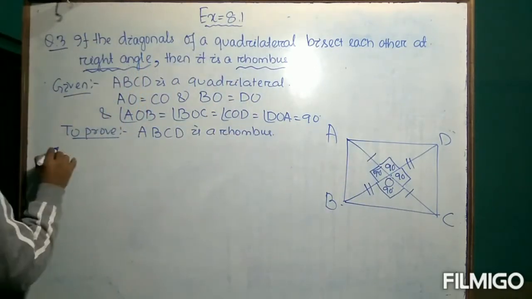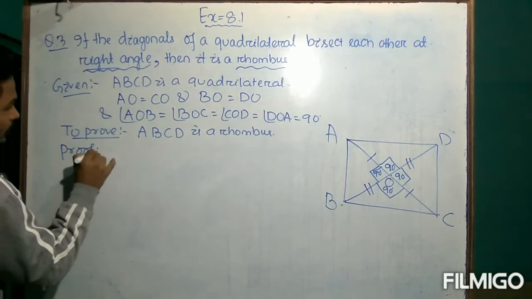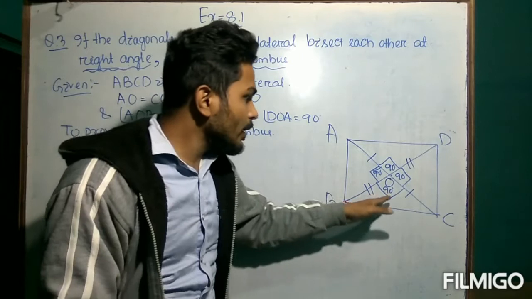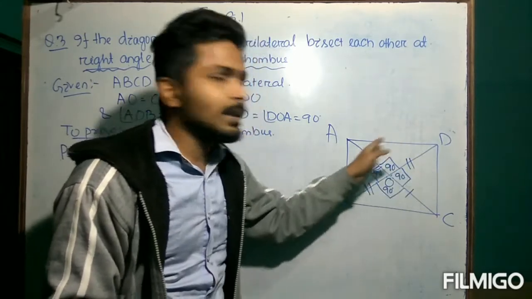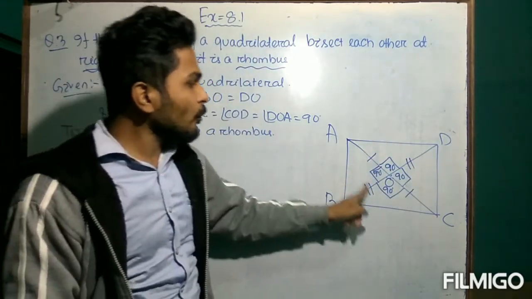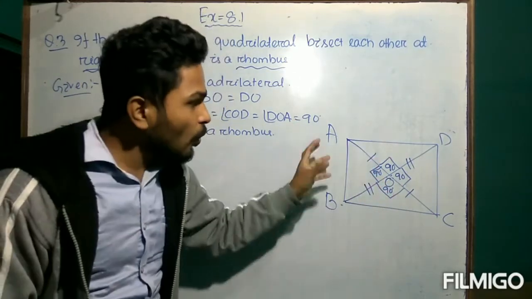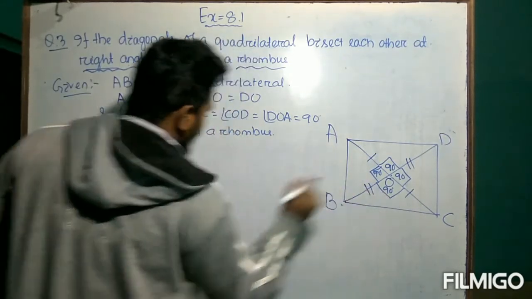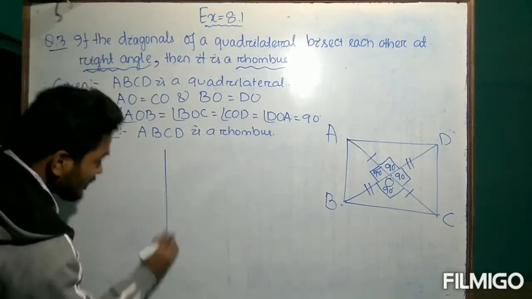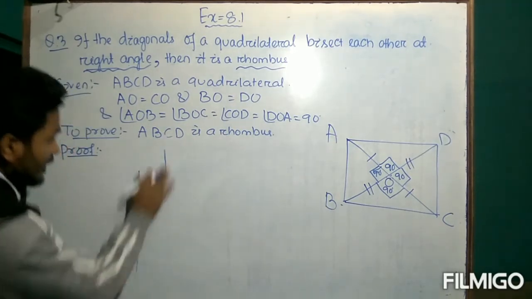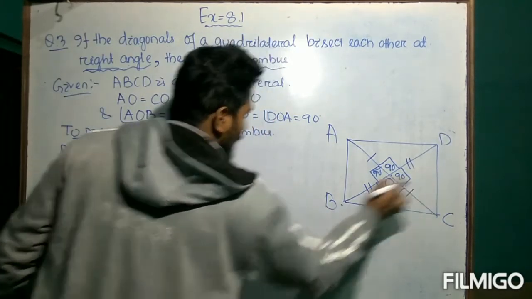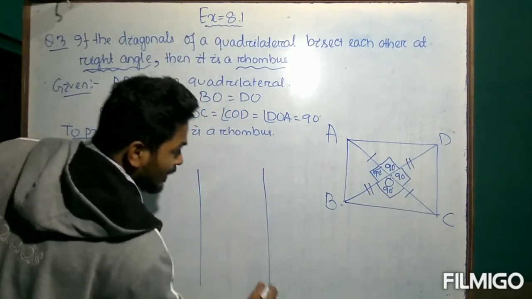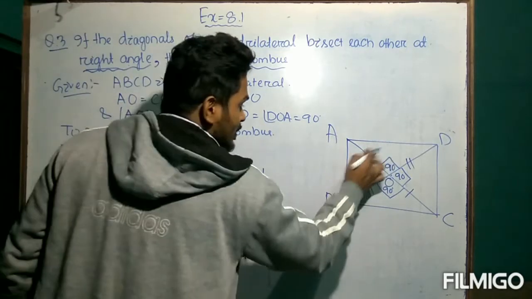Okay, so let us prove it. In order to prove it, we have to consider each triangle that is formed here. How many triangles are formed here? Here 4 triangles are formed. We have to compare all those 4 triangles. Let us first compare these 2 triangles, then we will compare these 2 triangles, then these 2 triangles.